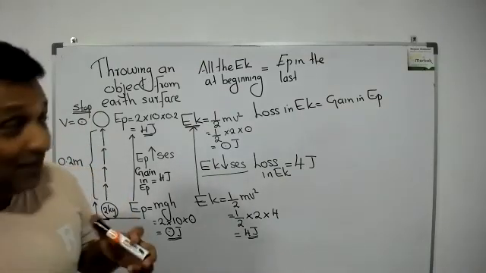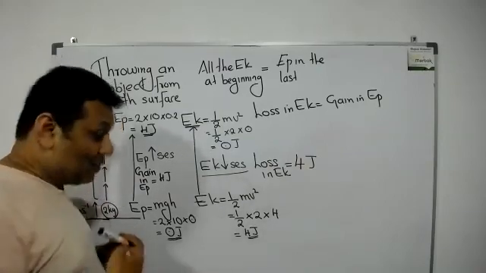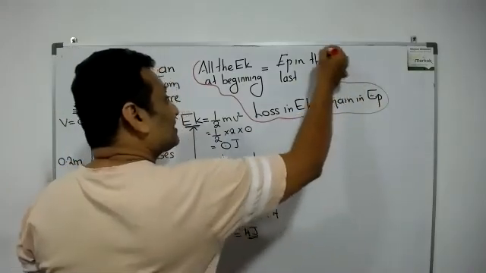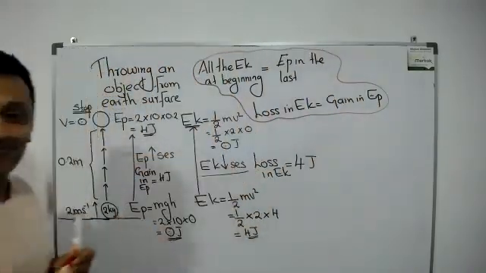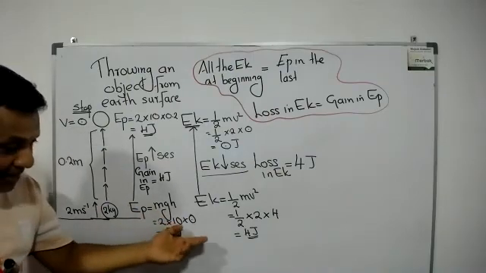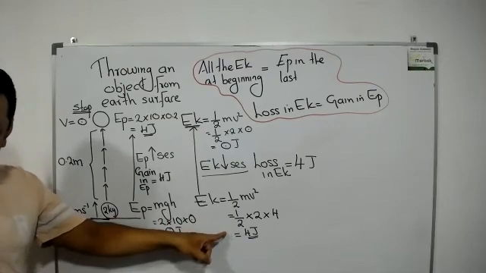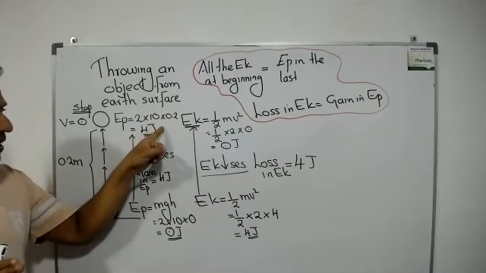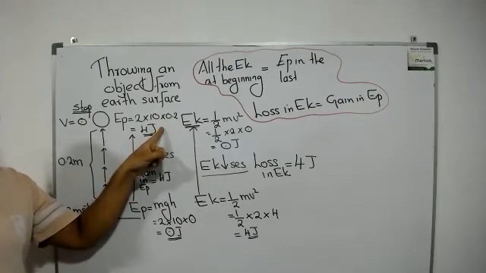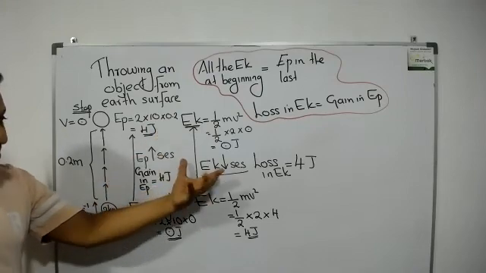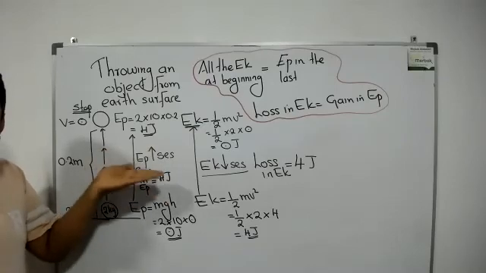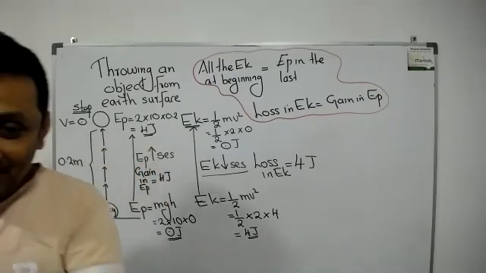Do you agree with these two decisions? In the beginning, 4 joule kinetic energy means in the last there will be 4 joule potential energy. How much the kinetic energy is lost, that much the potential energy is gained. Are you clear?